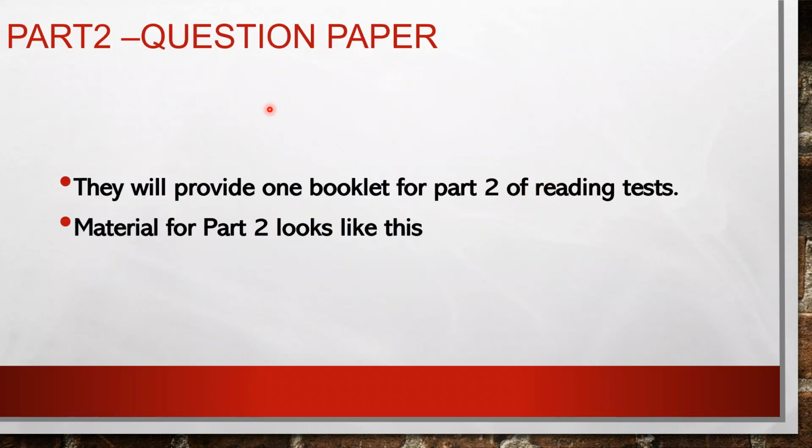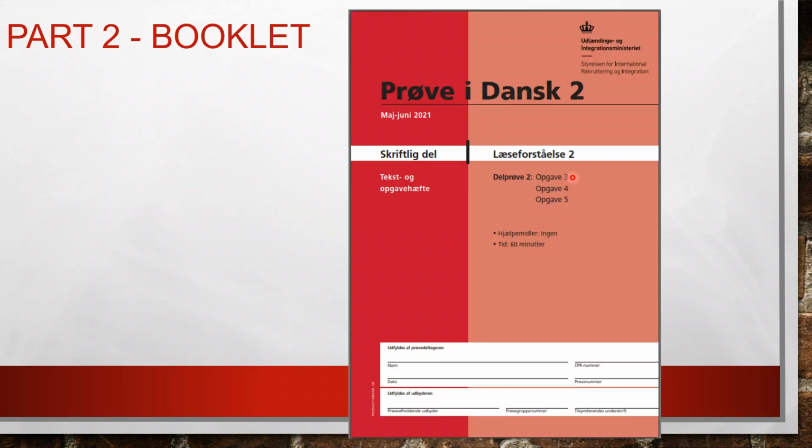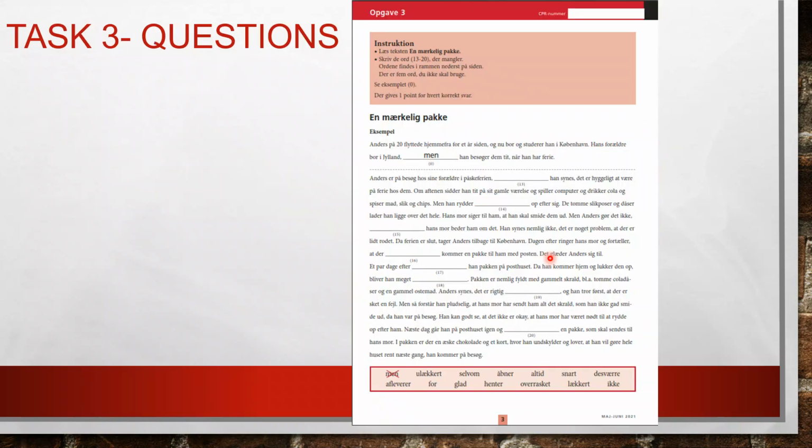In this part, the booklet will look like this. They will provide one booklet, and it has all the task 3, 4, and 5 information. You'll get 60 minutes. The first task looks like this. They will give one paragraph, and there will be missing words.